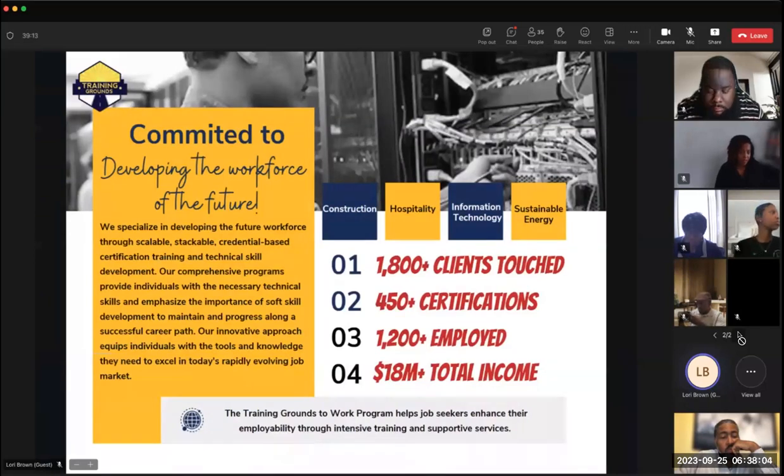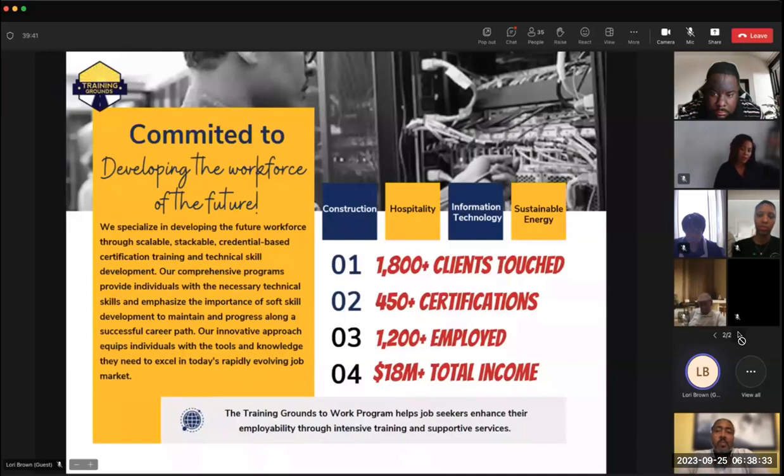We specialize in developing a workforce of the future through scalable, stackable, and credential-based certifications and trainings. Our technical skills development programs provide individuals with the skill sets that they need to not just be successful in the workplace, but also to be successful in their personal life.